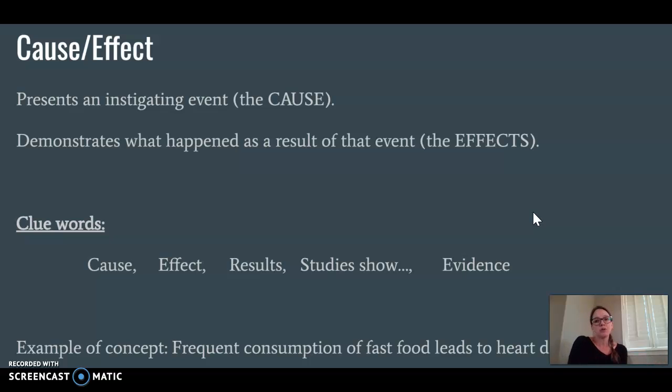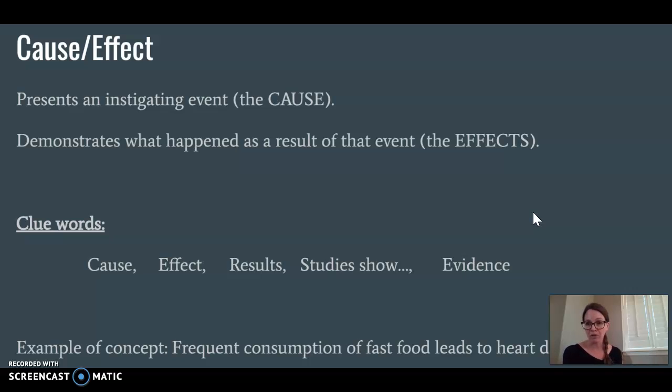Now, all of those words won't appear in every single cause and effect passage. And we can't be guaranteed that just because one of those words appears in a passage that it's definitely going to be cause and effect. But these clue words can be good indicators that we're moving in the right direction. I've got an example typed in at the bottom. A good example of the concept of cause and effect would be that frequent consumption of fast food leads to heart disease.